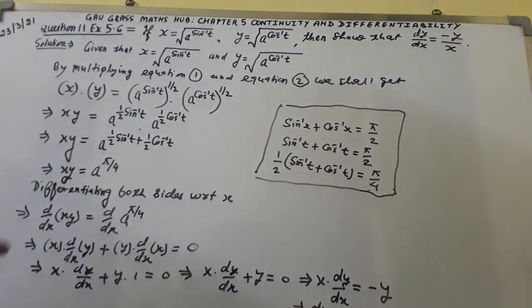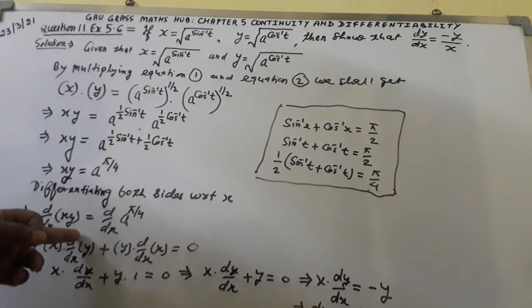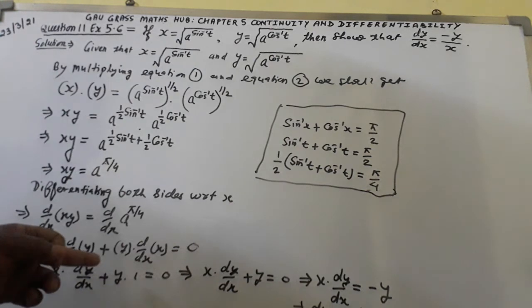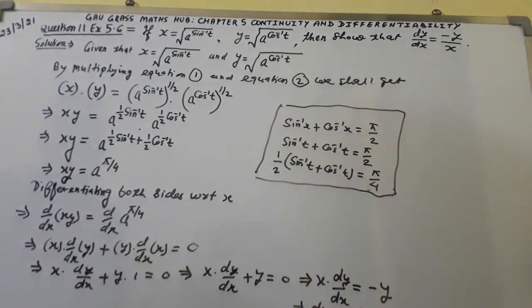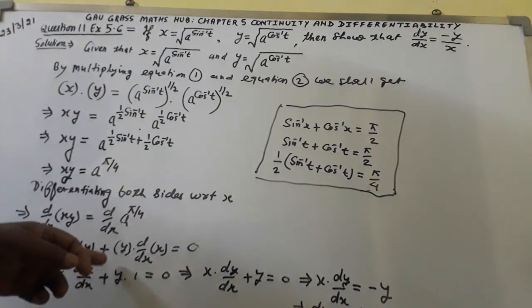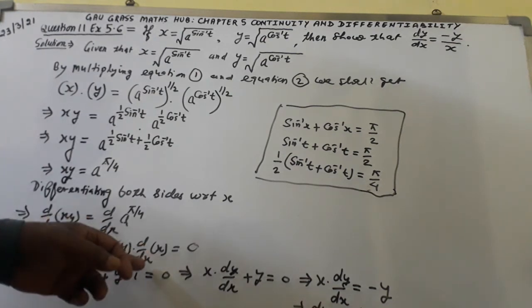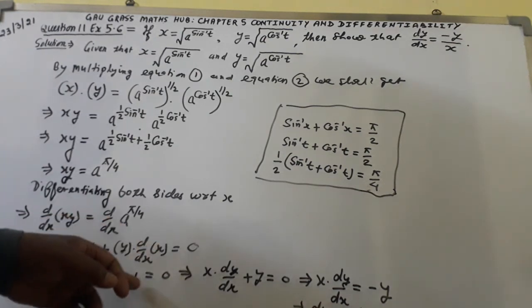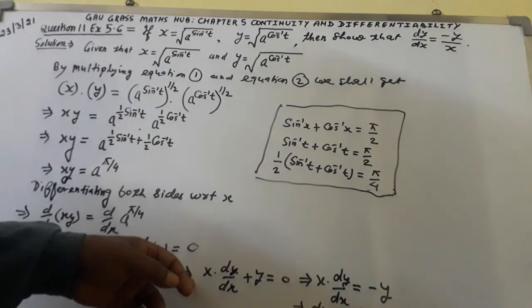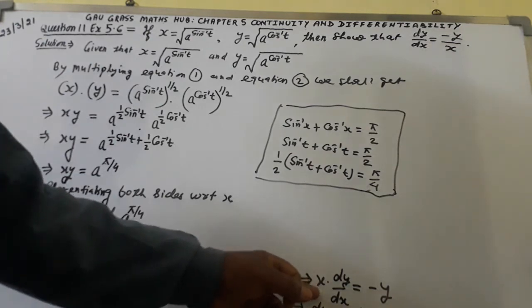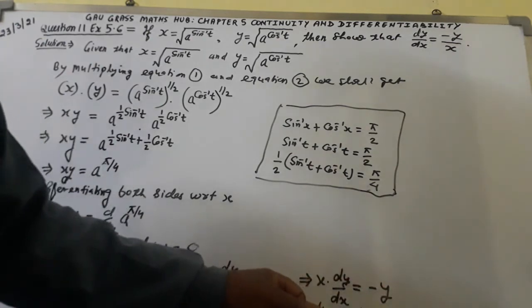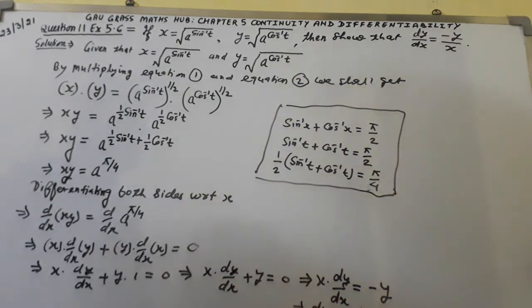The derivative of first function into second function comes out to be, first function as it is d over dx of y, second function plus y second function as it is d over dx of x equal to 0. x dot dy over dx plus y dot d over dx of x comes out to be 1 equal to 0. Implied that x dot dy over dx plus y equal to 0. Implied that x dot dy over dx equal to minus y. Dy over dx equal to minus y over x.